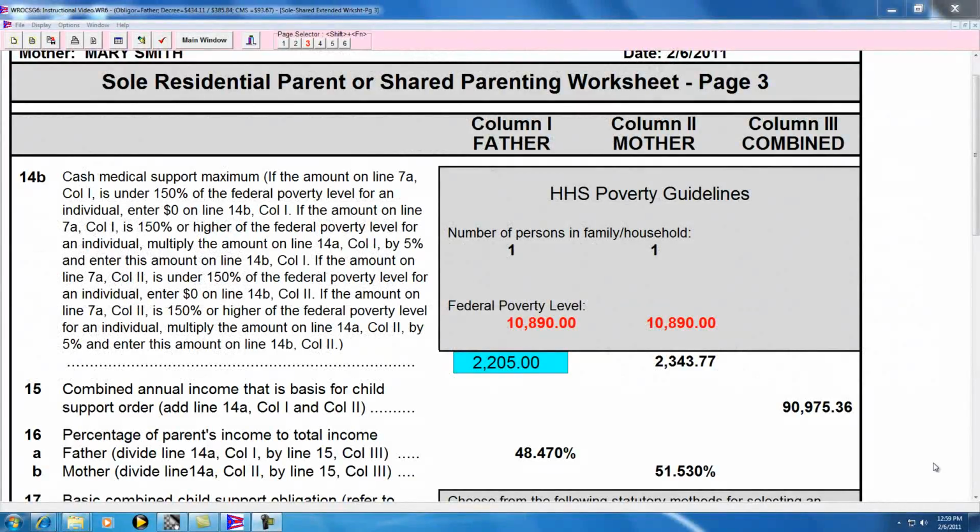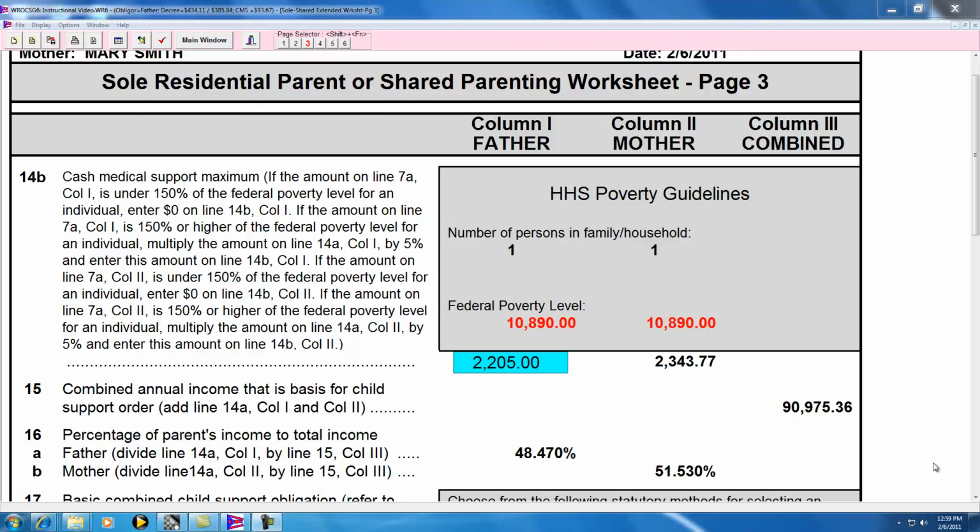Line 15 is the combined annual income that is used for getting a value from the statutory child support tables. It's the sum of the amounts on line 14A, columns 1 and 2. In this case, the total is $90,975.36. Lines 16A and B are the father and mother's respective pro rata share of the combined income.